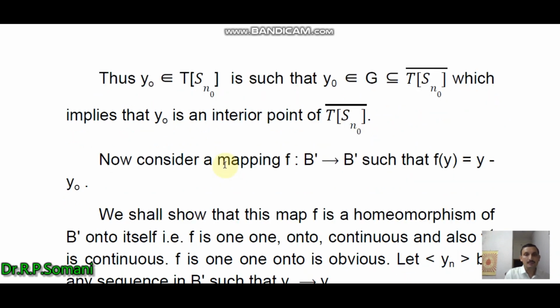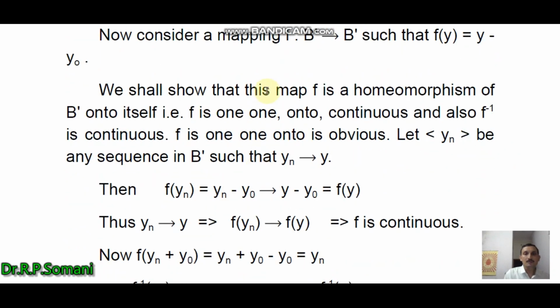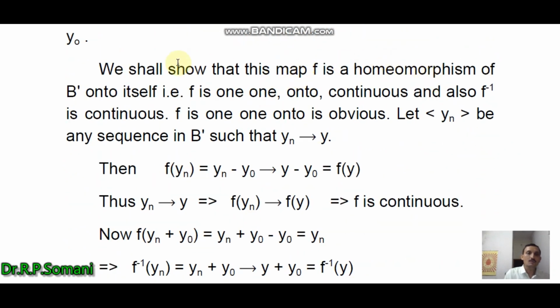Now consider a mapping f from B' to B' such that f(y) = y - y0. We shall show that this map f is a homeomorphism of B' onto itself, that is, one-one, onto and continuous, and also f inverse is continuous.